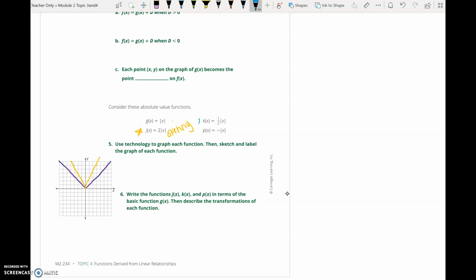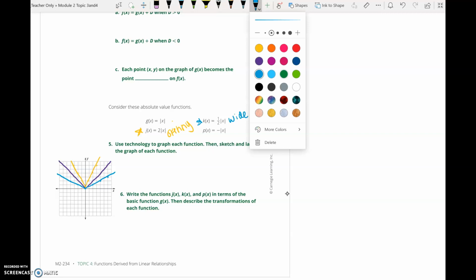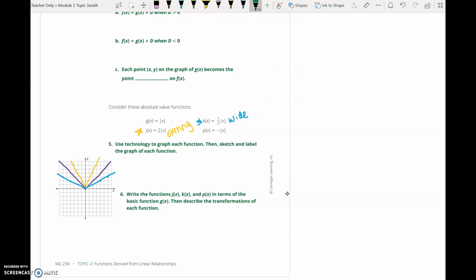A 1/2 is going to go up 1 over 2. And it gets wide. The negative is going to face a different direction. Instead of a minimum, it now has a maximum. So it's opening down. So the vertex is still in the same spot though. And that word is called reflection.